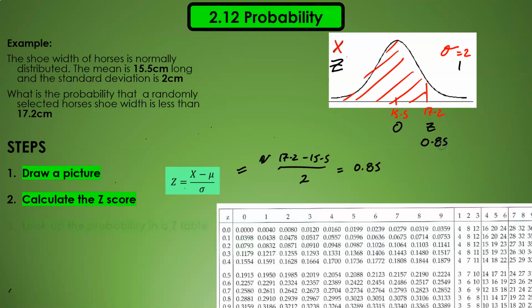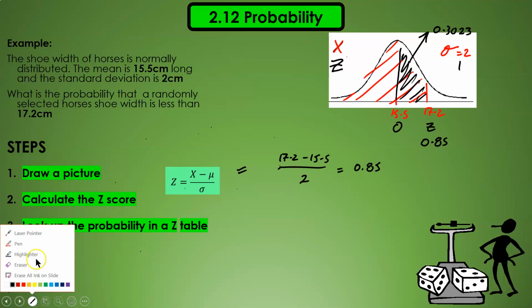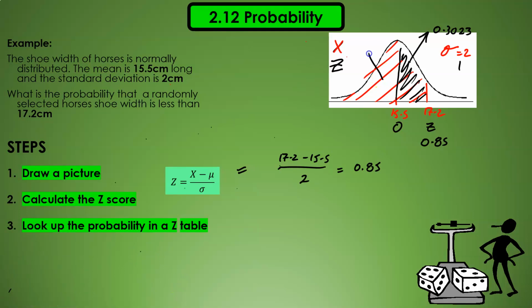That means this must be 0.85. Now looking at the table, we get a probability of 0.3023, meaning that the area up the top here is the same as our probability. The other thing we need to do is make sure that we add in this other half, which is 0.5.